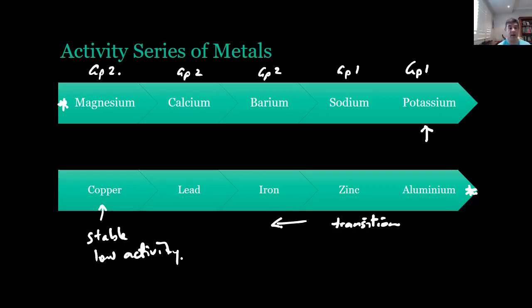In fact, you will find a table in your textbook which shows a much larger number of metals than the ones I've included here in terms of an activity series. The other thing that's important to be aware of is that we will provide you with not only a periodic table, but a table of standard reduction potentials. The standard reduction potentials show you how readily most metal ions will pick up an electron and form their metallic element.